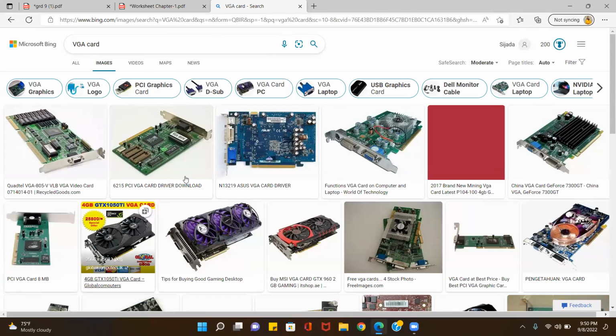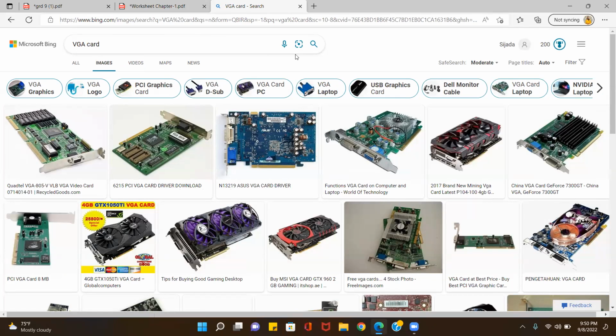Definitely not, right? So whenever you are buying a computer, another thing you need to look into is whether the VGA card is available. Because if a VGA card is not available, you won't be able to connect the monitor, and in that case you won't be able to use the computer.